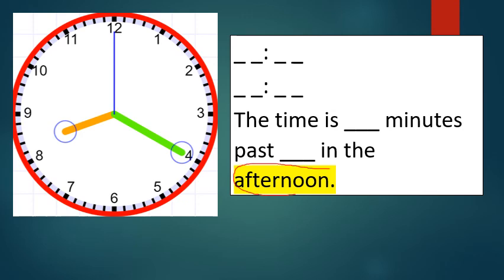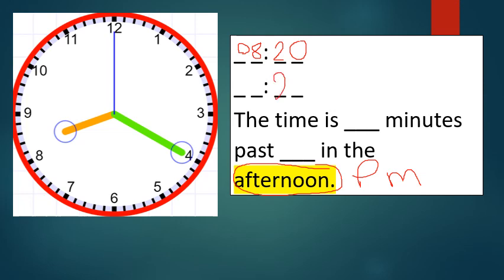However, it is afternoon, which means it is PM. So the time starts, it is 8:20, 20 minutes past 8 in the afternoon. And this time I'm going to change it to the 24-hour clock.